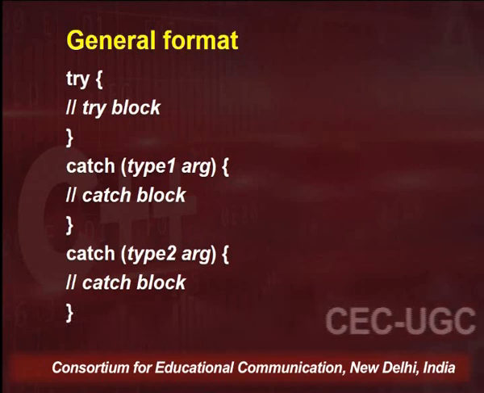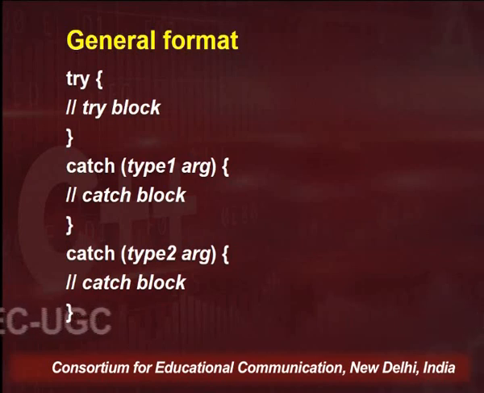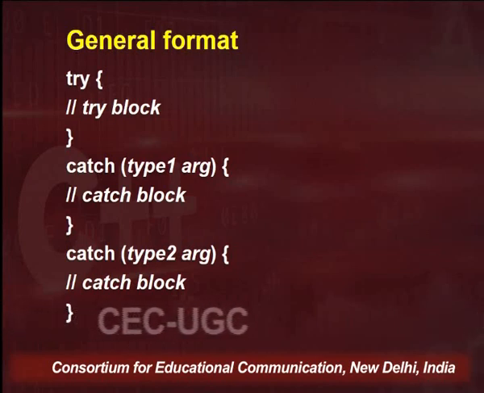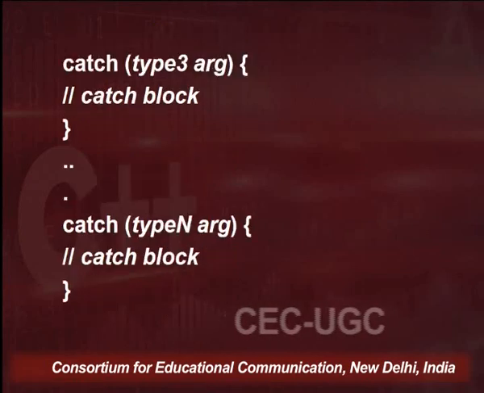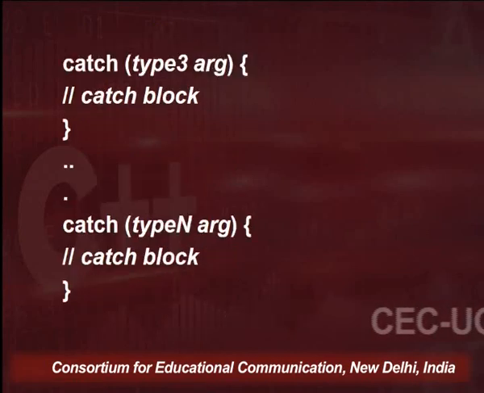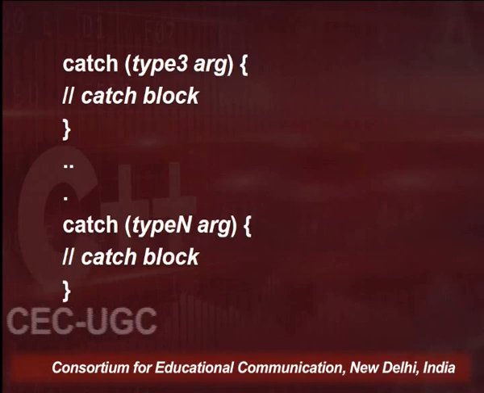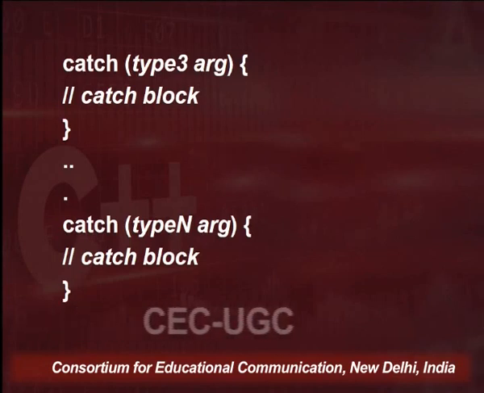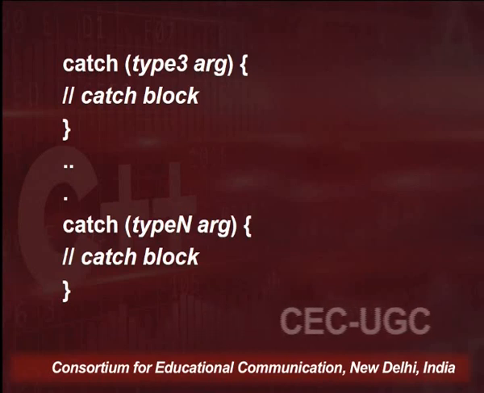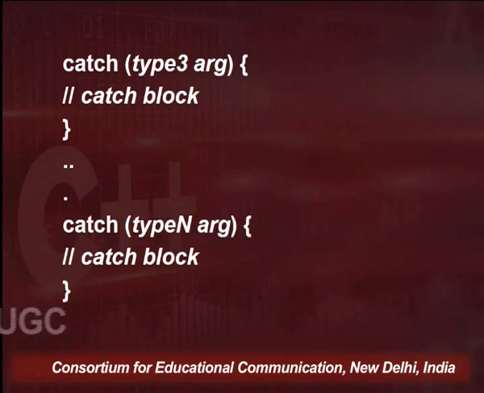If the exception is of type 2, the second catch block will be executed. If it is of type 3, the third catch block will be executed, and similarly we can have n catch blocks.